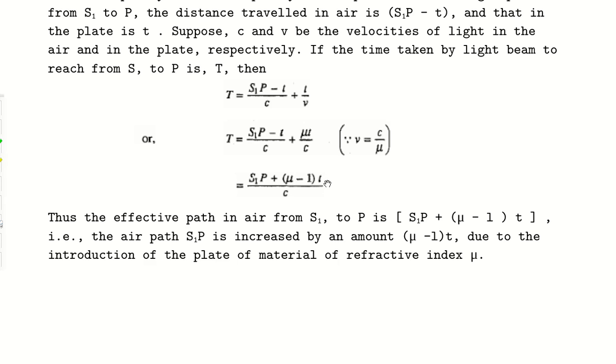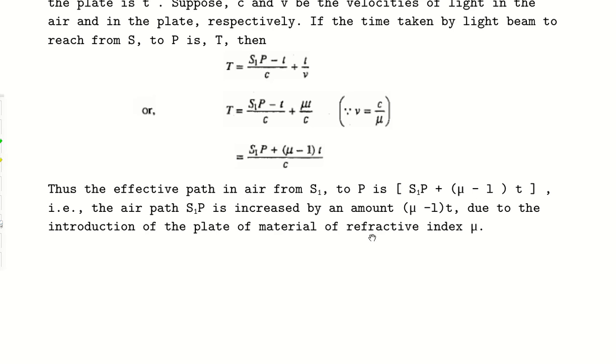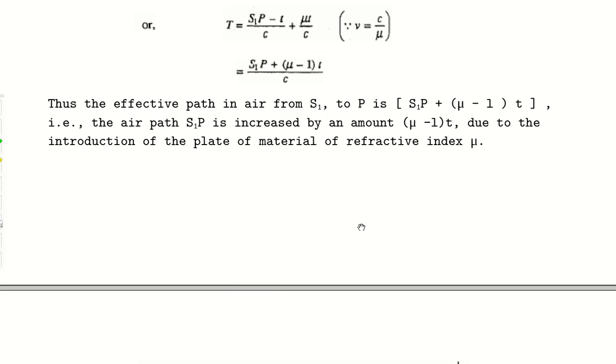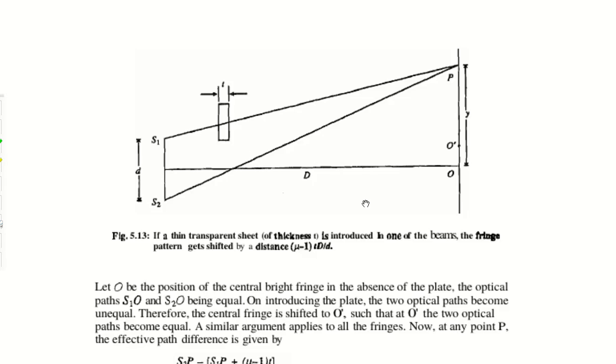So the path difference should also increase by this amount, (mu minus 1) into t. This is the extra path difference generated in this experiment, unlike the previous two experiments I described in the case of Fresnel biprism and Young's experiment. So (mu minus 1) into t is of special importance.